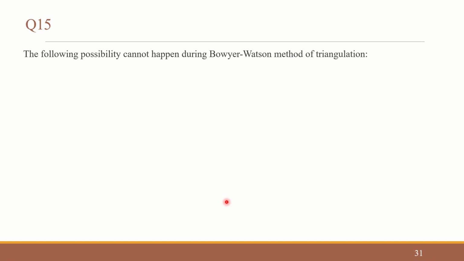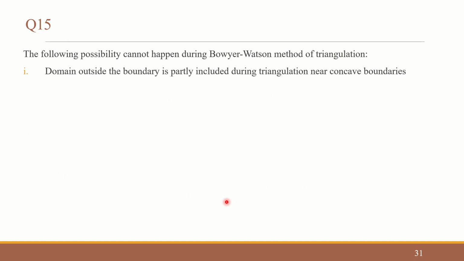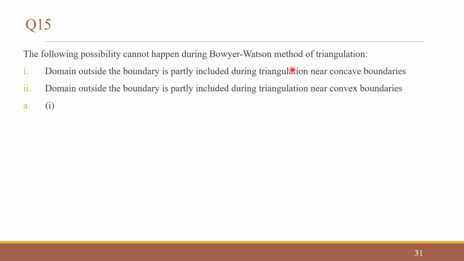In question 15, what is asked is that the following possibility cannot happen during the Bowyer-Watson method of triangulation. First one, domain outside the boundary is partly included during triangulation near concave boundaries. And second one, domain outside the boundary is partly included during triangulation near convex boundaries.